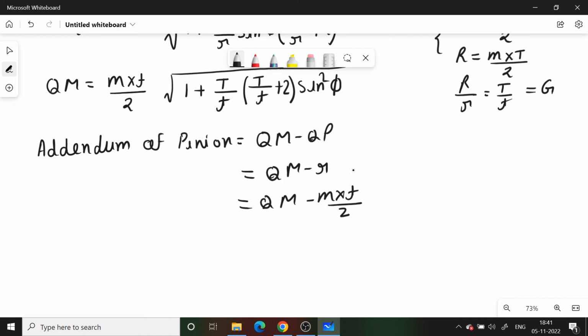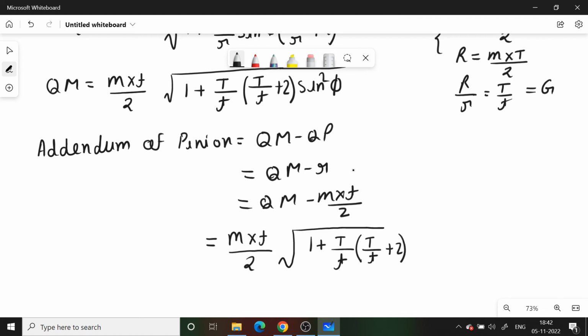Or module into number of teeth on pinion divided by 2 under root 1 plus capital T upon small t, bracket capital T upon small t plus 2, sin square phi, minus module into number of teeth divided by 2.